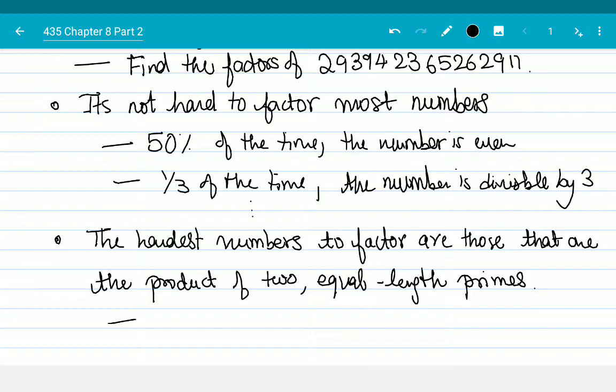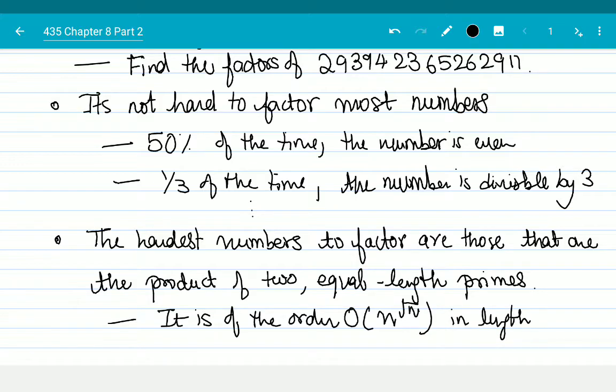Each of them is taking polynomial time, so in easy terms, it is the order O of, well, let's just say n to the root n, in length n, right?